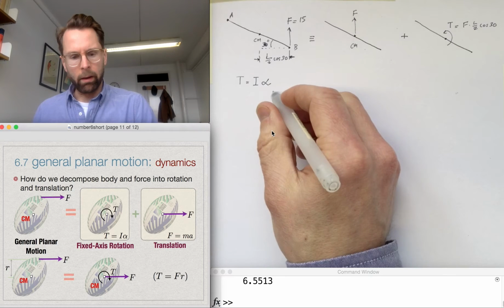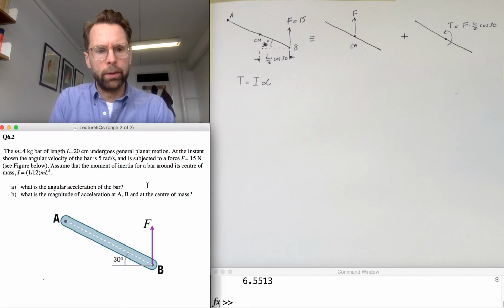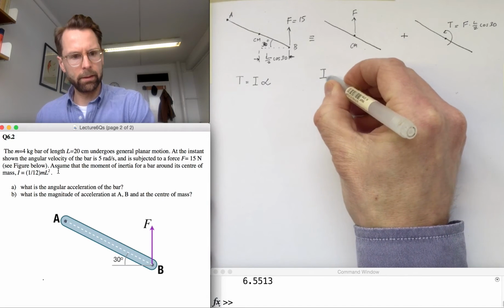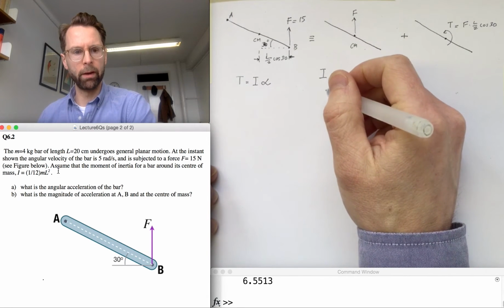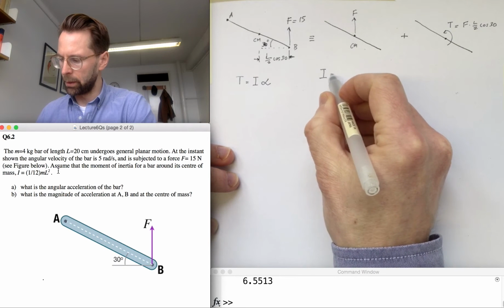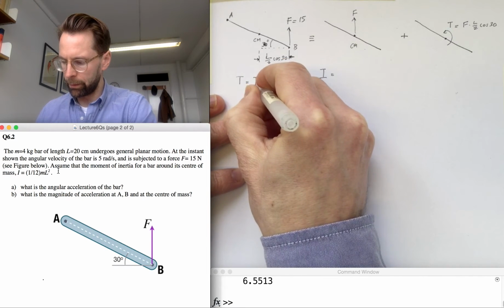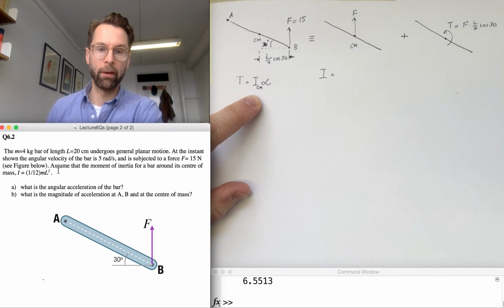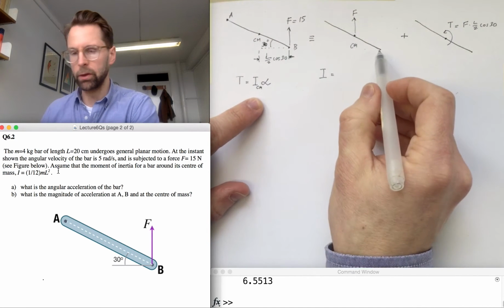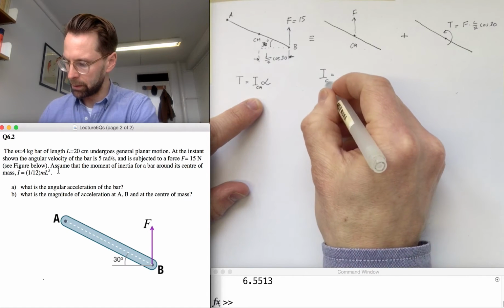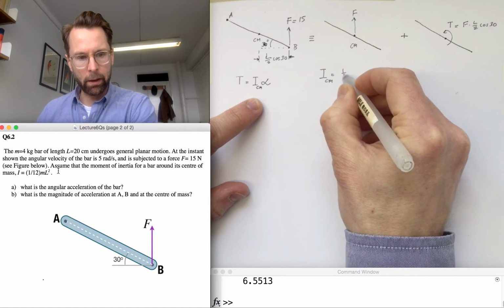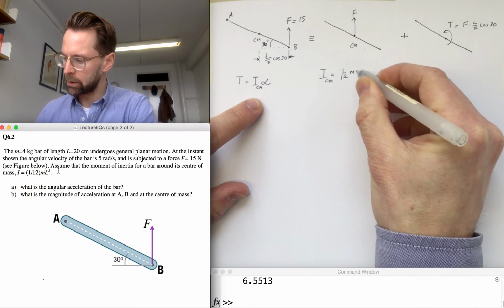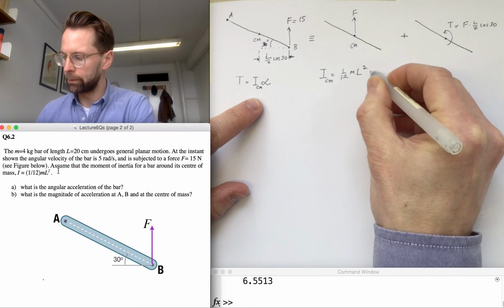And we are conveniently told in the question that we can calculate this moment of inertia of a bar around its centre of mass as equaling, so really I should put subscript CM to denote that this is the moment of inertia around the centre of mass, because you could take different axes of rotation, and that's equal to 1 over 12 times its mass times the length squared.